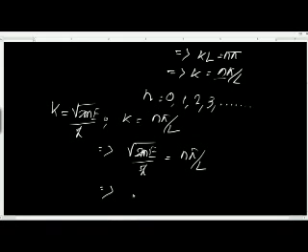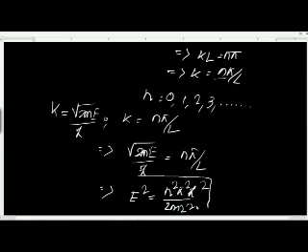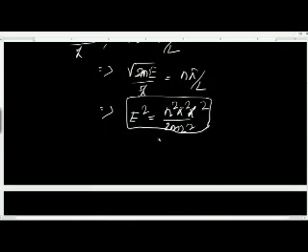If I just do a bit of modification, squaring both sides, E is equal to n square pi square h cut square divided by twice m into L square. So this is the expression for energy of that particular wave that is trapped in that box.